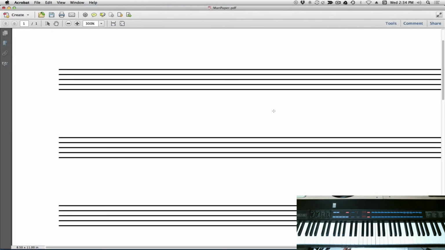Let me just show you here. So here's an example of a simple meter. We'll just do 4/4 here. And that means the top number is the number of beats. Not the top note, top number, sorry. Top number is the number of beats. And the bottom number is the beat duration.